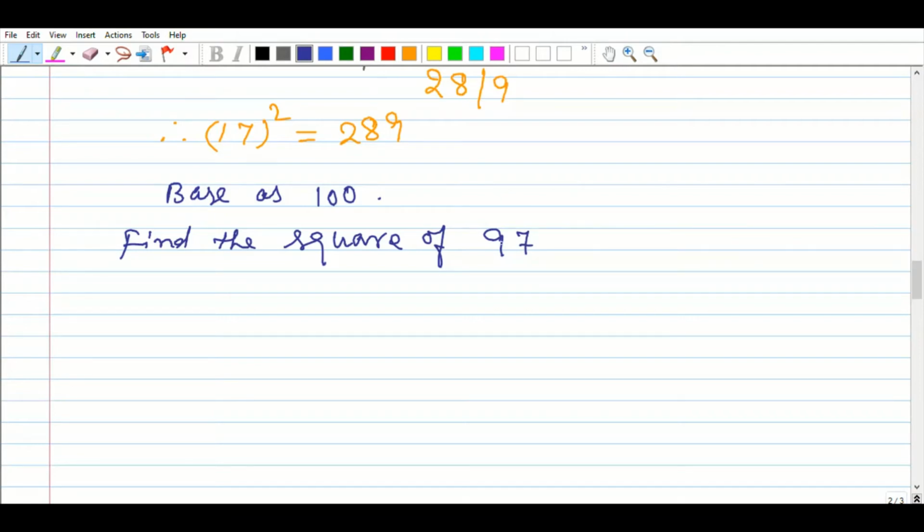For the number 97, find the nearest power of 10 as a base.